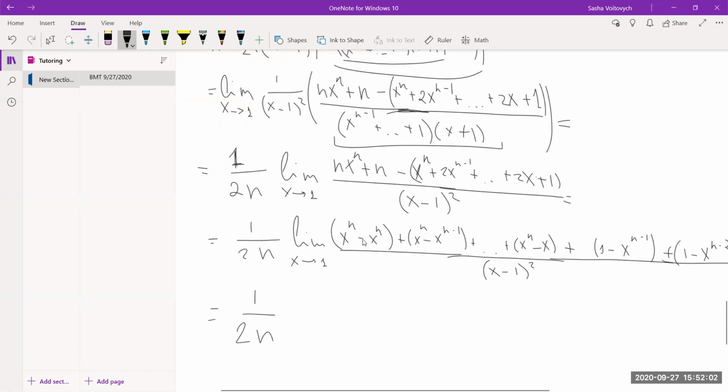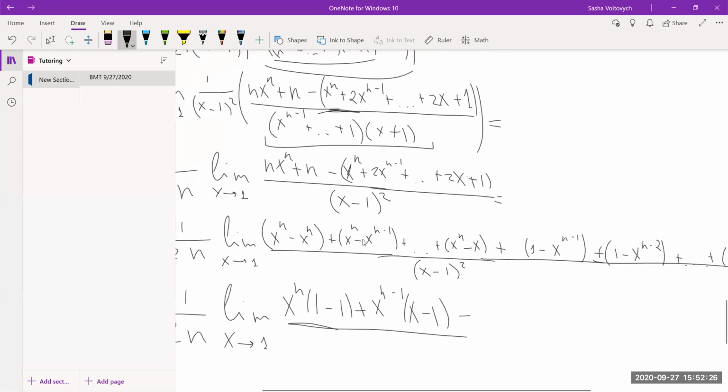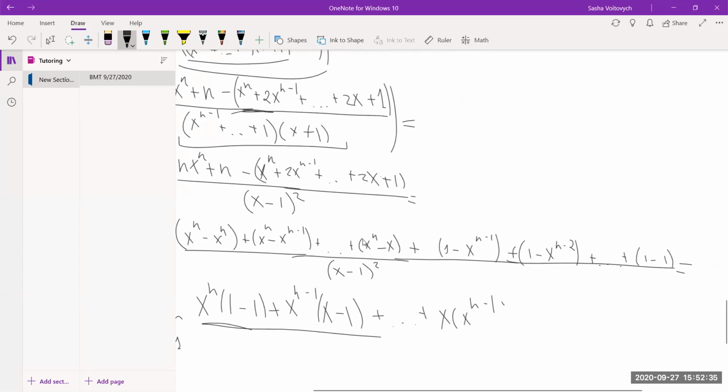Okay, the limit will be equal to this. So in every expression involving x^n, we can factor out some power of x. So in this case, we can factor out x to the power of n minus 1, times (x - 1). In this case, we can factor out x, and so on. In the case of x to the power of n minus x, we can factor out x minus 1.